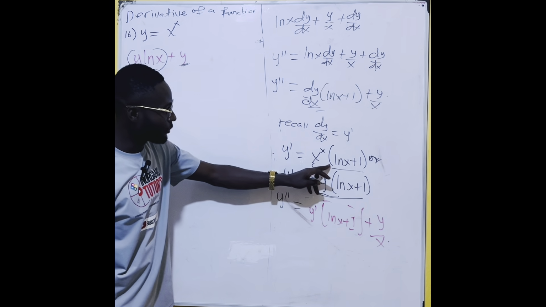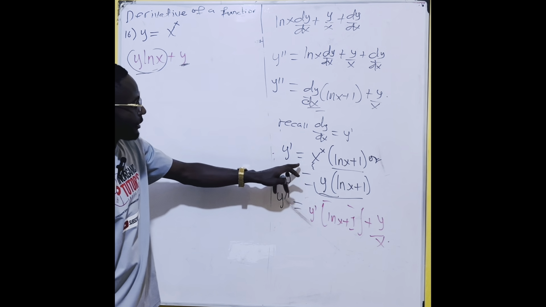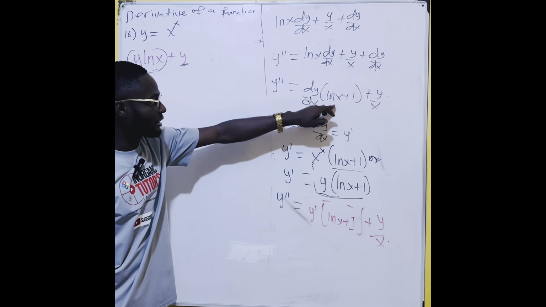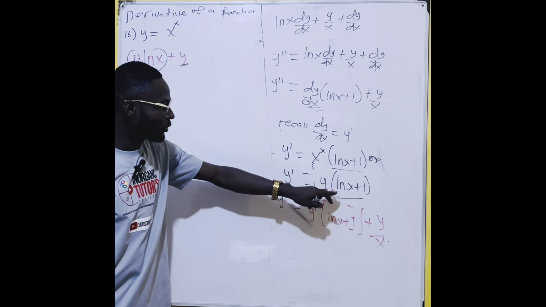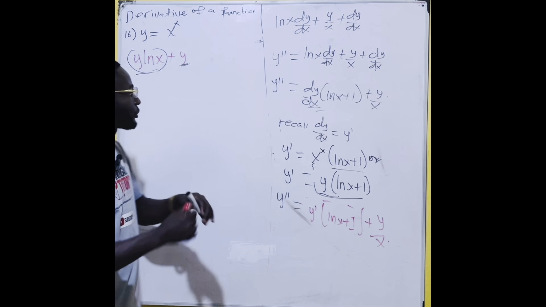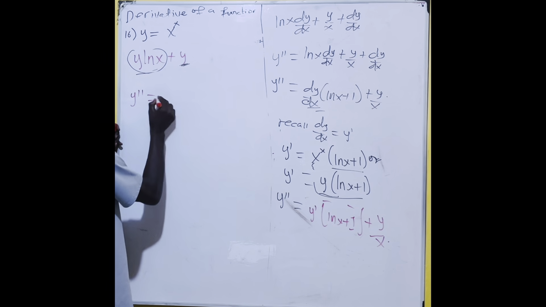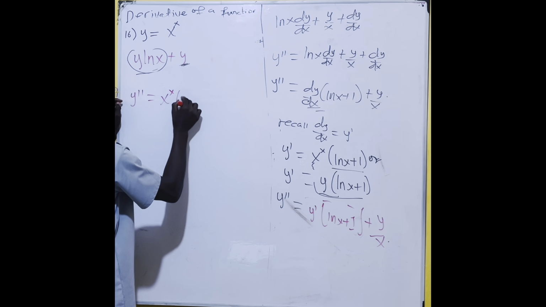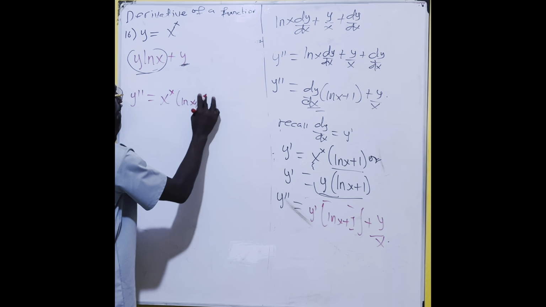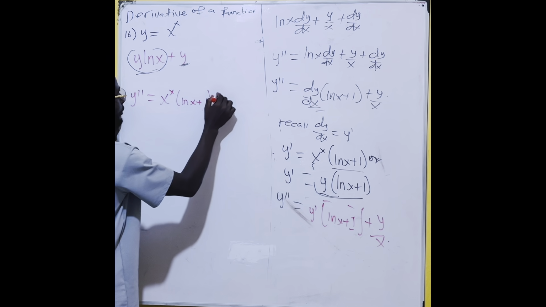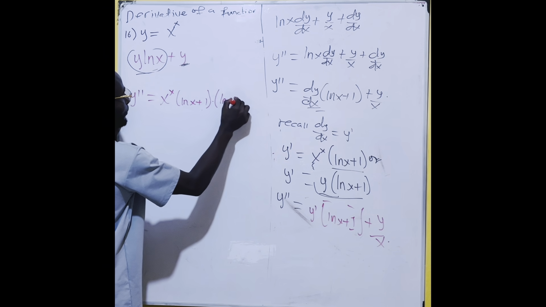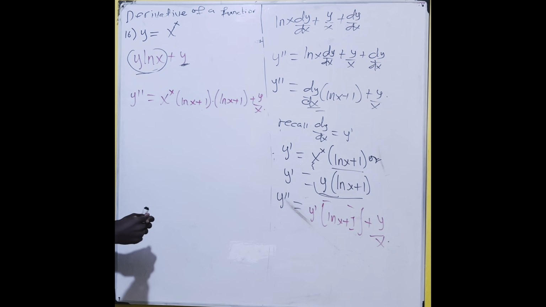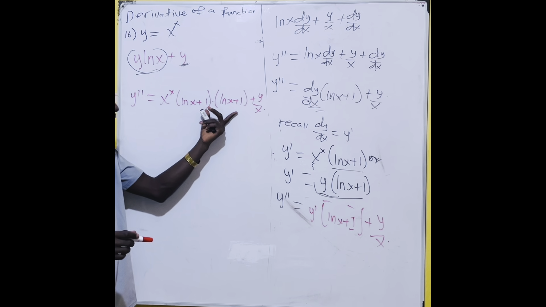Since y prime is equal to this and is equal to dy dx, then it means we can substitute this here, right? And then either substitute this also here. So we're going to have our second derivative to be equal to x to the x times ln x plus 1 times ln x plus 1 plus y over x. Okay, so this is what we have.